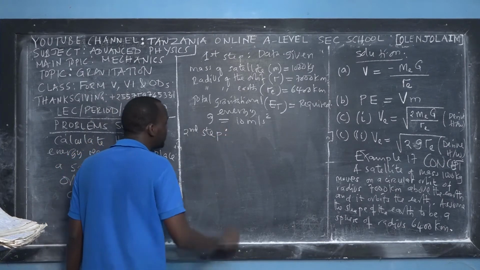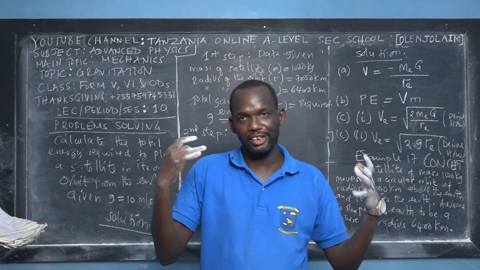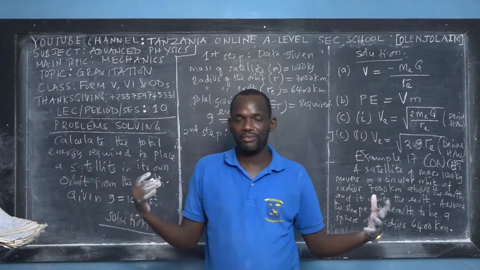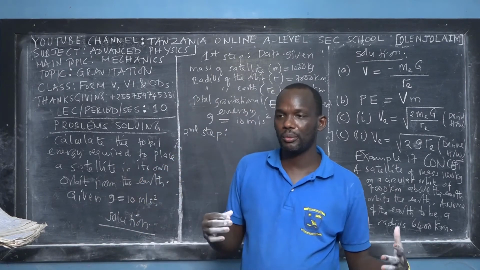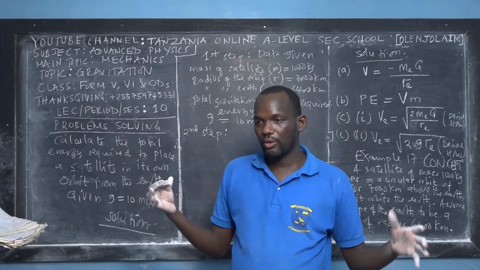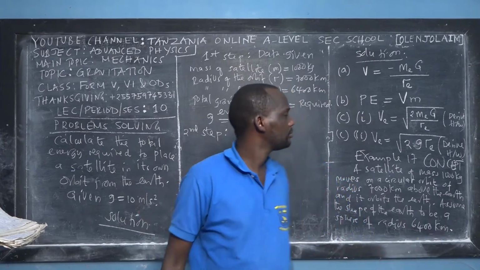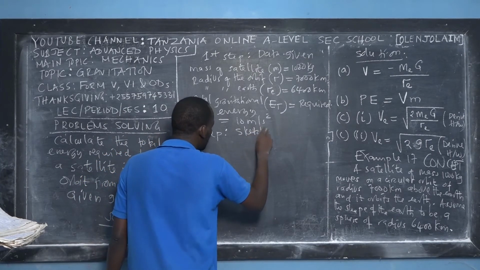The second step: in physics, whenever you are given problems, think about how you can sketch the problem, sketch diagrams, to simplify and to see where you can start from. So the second step is to sketch the problem.